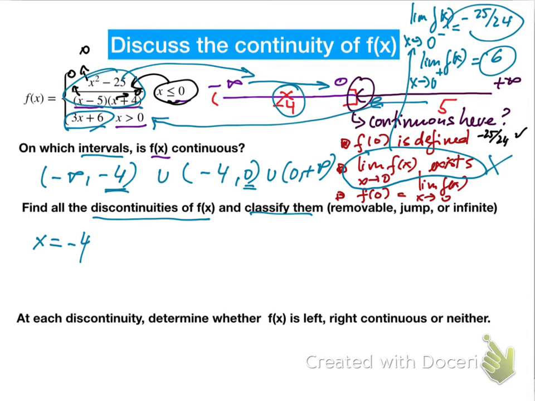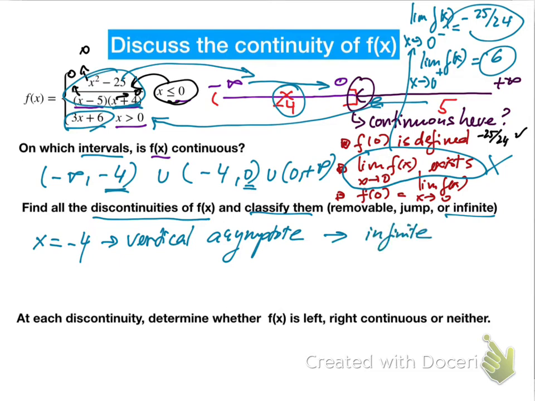Negative 4 is a vertical asymptote, because if you plug negative 4 into the denominator, you get 0. Since it's a vertical asymptote, it has to be an infinite discontinuity.